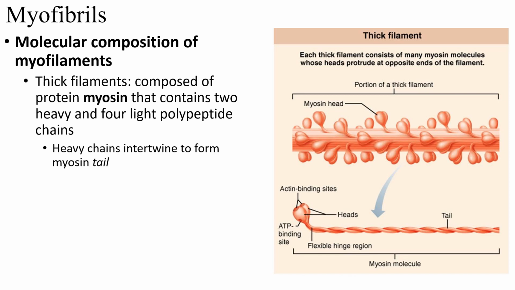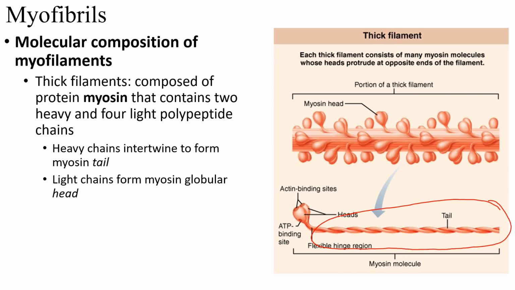The heavy chains are going to intertwine to form a myosin tail. And so here is the myosin tail right here. And then the light chains are going to form the head. Okay, so we have both the heavy and the light chains for the myosin.